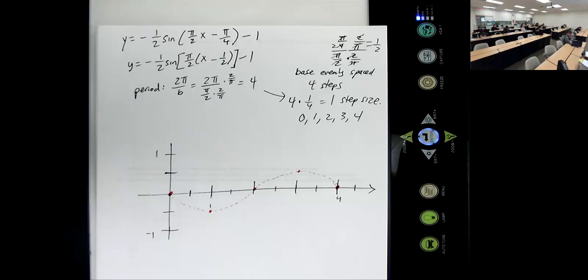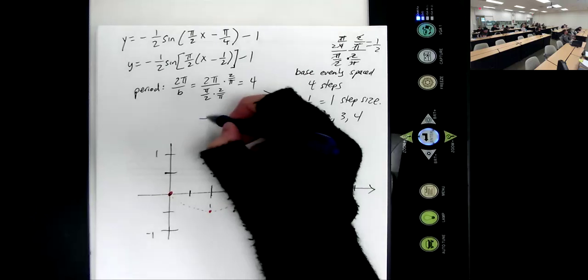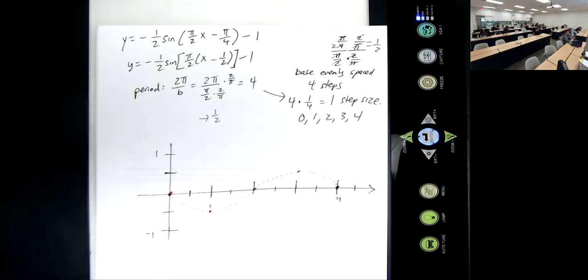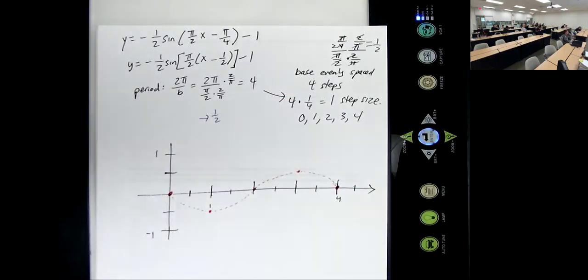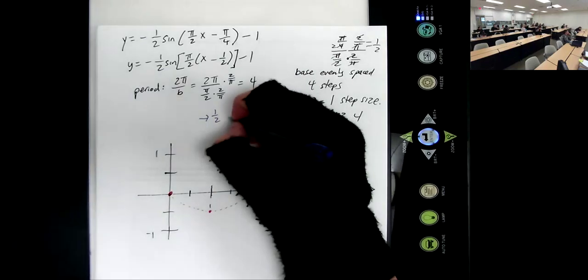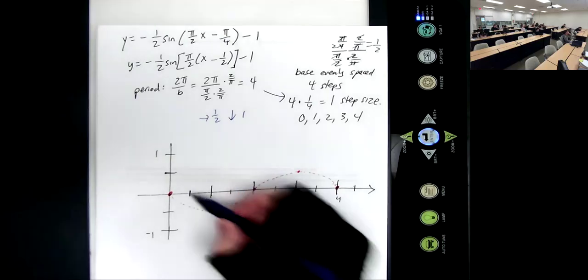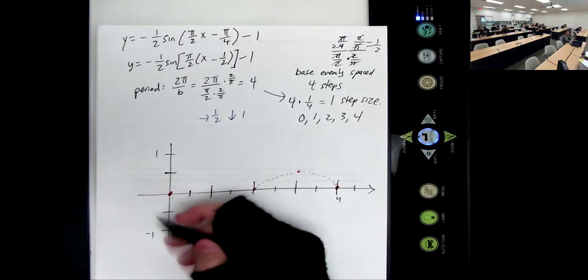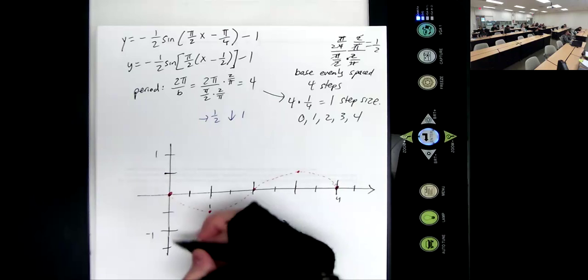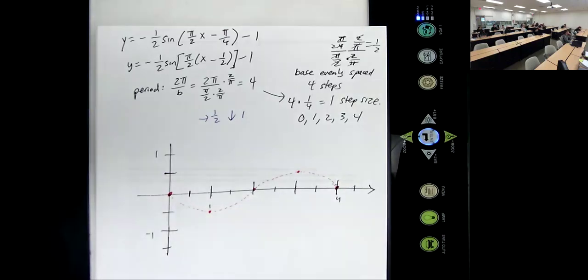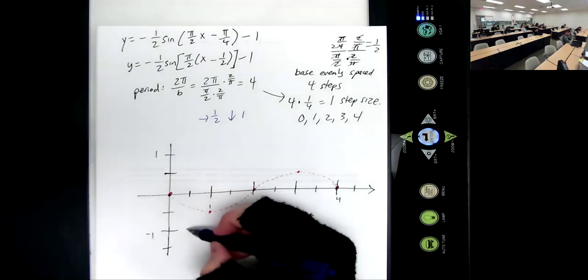What does my left or right shift look like? 1/2, but is it left or right? It's gonna be right 1/2. Am I going up or down, and by how much? Down 1. So right 1/2. Looks like I need another halfway mark right there. Right 1/2, down 1.